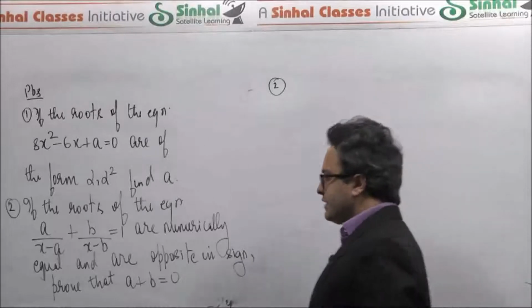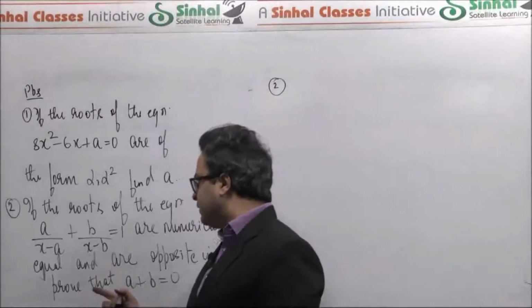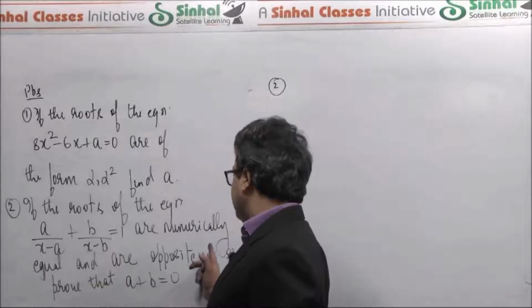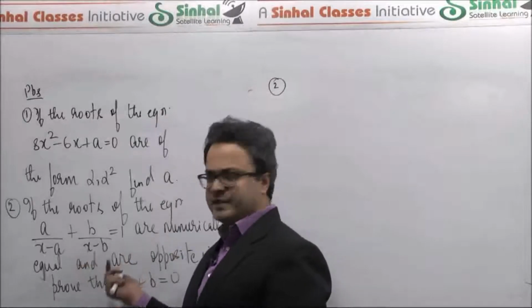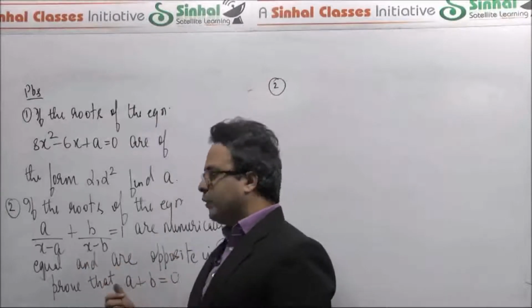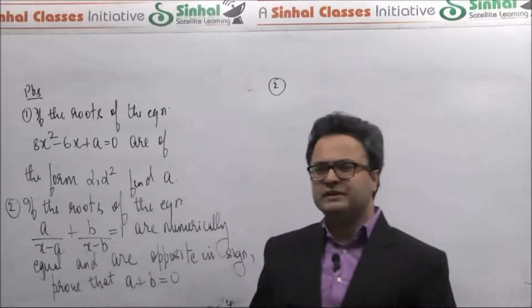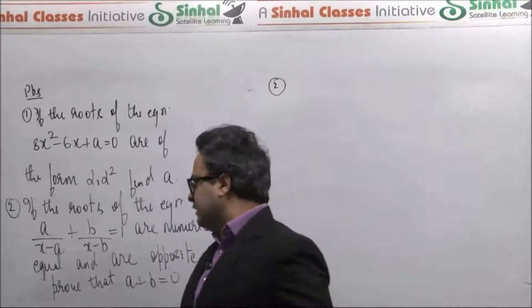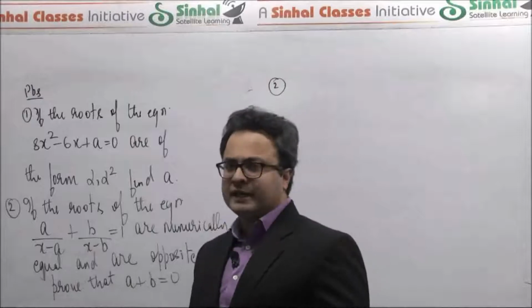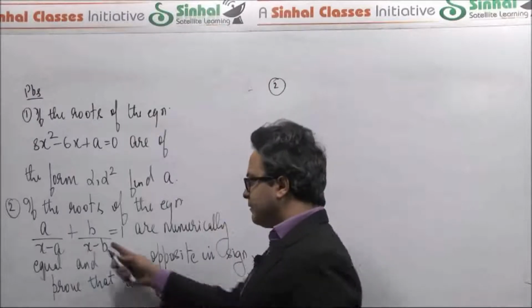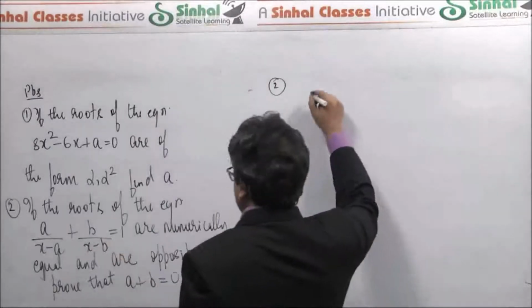In our second question, we've been given an equation and we've been told that the roots happen to be equal in magnitude, numerically equal. That means the magnitude is the same, but they're opposite in sign. So that effectively means that the roots are negatives of each other. Let's first simplify the equation to the general form.